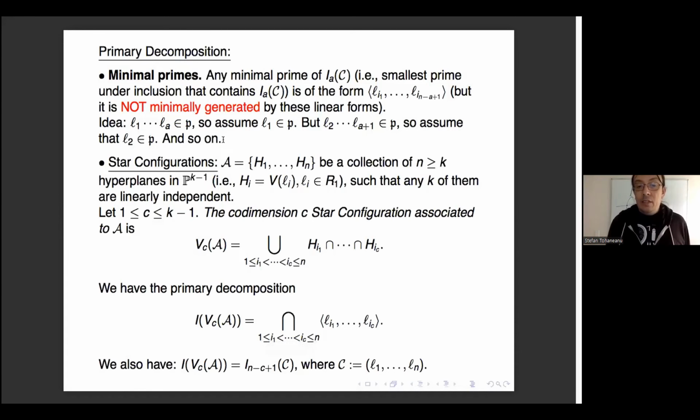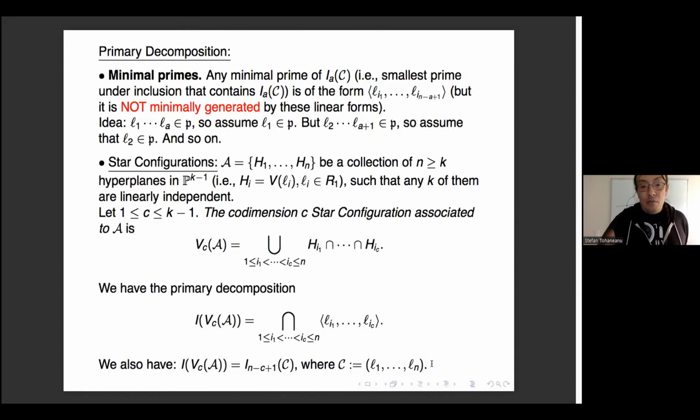And here is the connection. The defining ideal of the codimension C star configuration is actually the ideal generated by n minus C plus 1 fold products of linear forms that define that hyperplane arrangement.